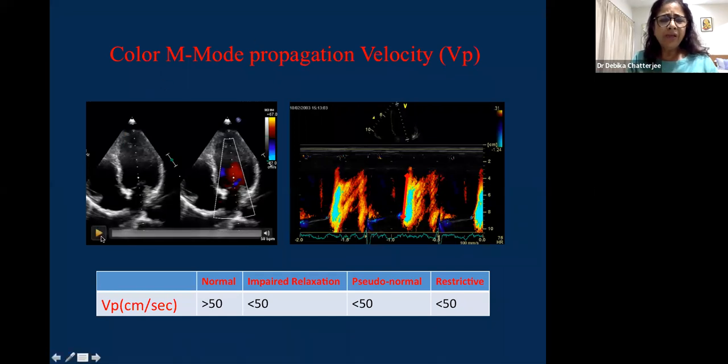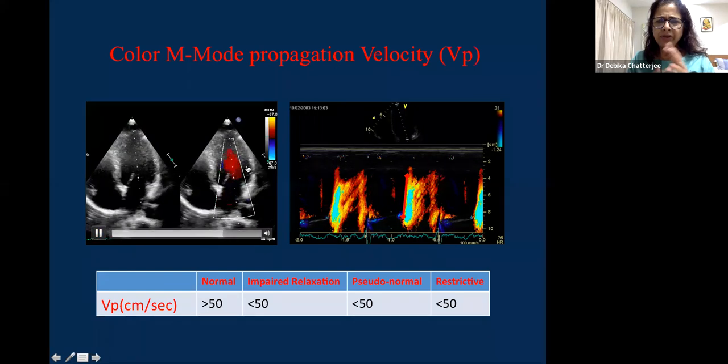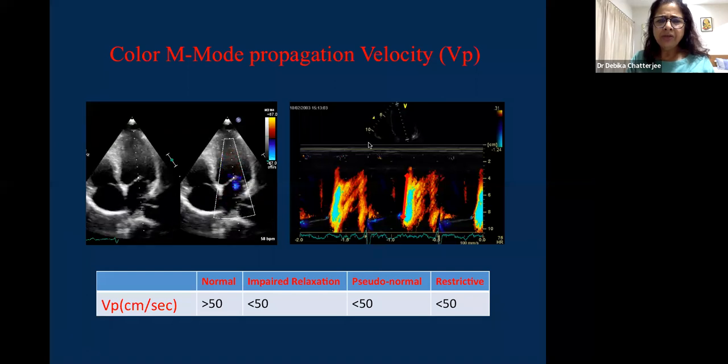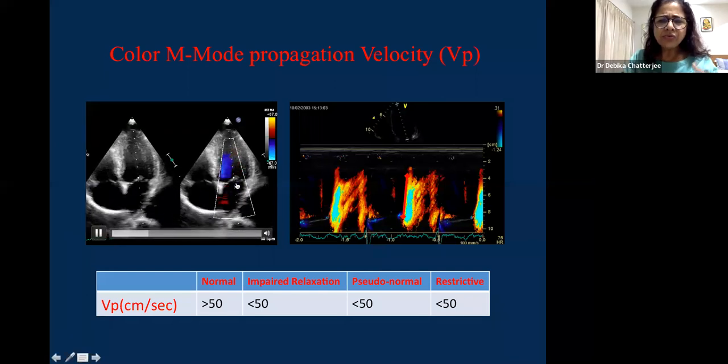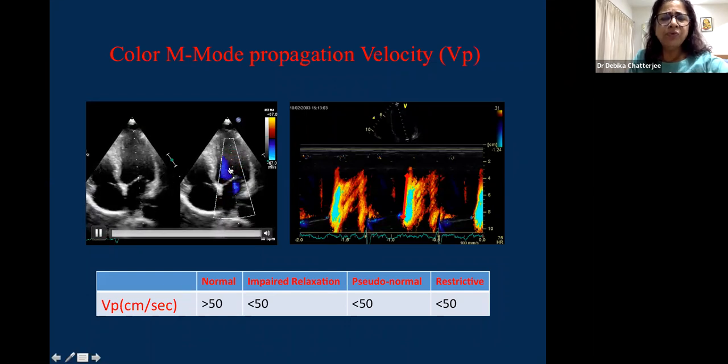When the blood flows from the left atrium to the left ventricle in a normal heart, where there is normal relaxation and normal elastic recoil, as soon as the mitral valve opens, the blood is sucked into the left ventricle, because there is a pressure difference between the base and the apex. So the blood moves very fast from the base to the apex of the left ventricle.